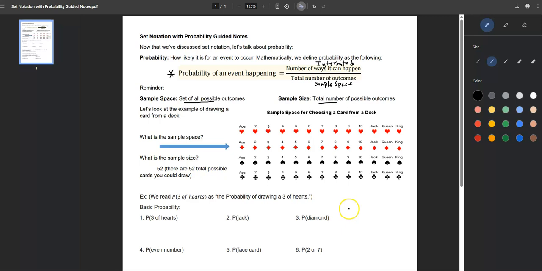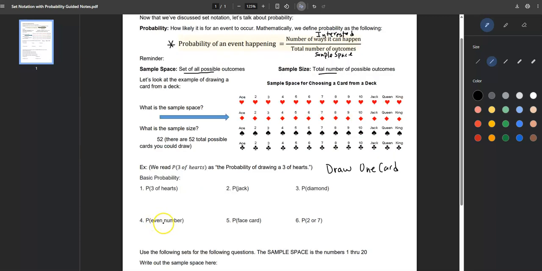Right now we are going to draw just a single card. This changes when we start doing multiple things, but for right now, just one card.